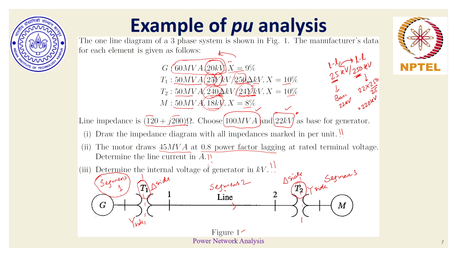So the next step is to convert the machine reactances given at individual bases to a common base, which is 100 MVA, 22 kV for segment 1, 100 MVA, 220 kV for segment 2, or 100 MVA, 22 kV for segment 3.